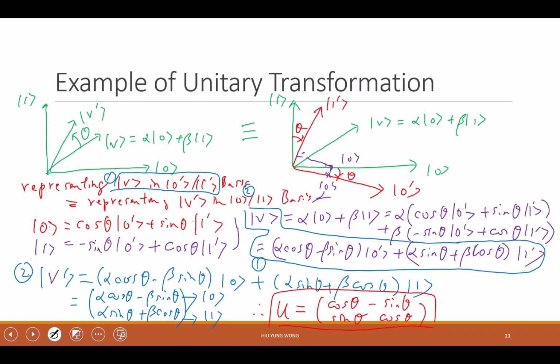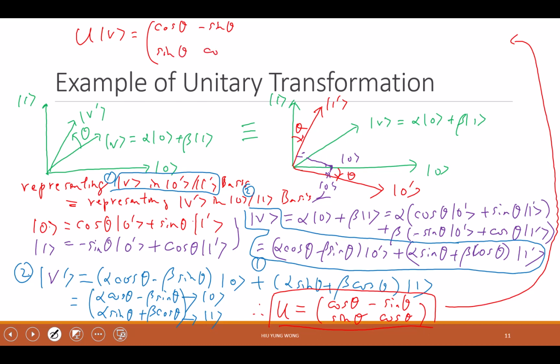How do I get it? I need to show you, but here we are going to check. I don't have enough space. Let's try to apply U to V. What is U again? Cosine theta, negative sine theta, sine theta, cosine theta.